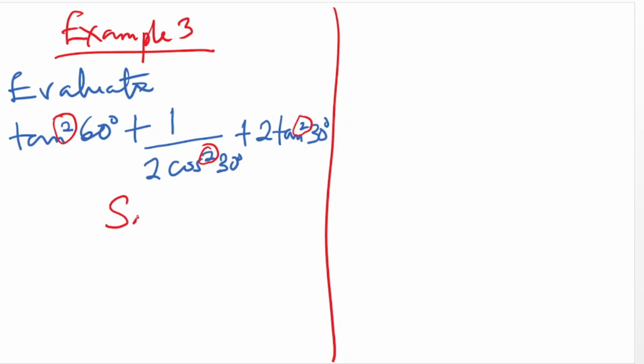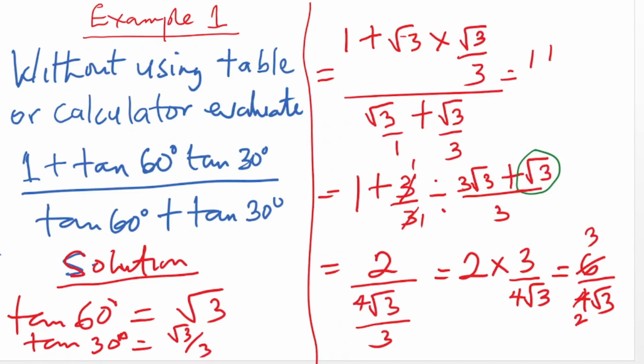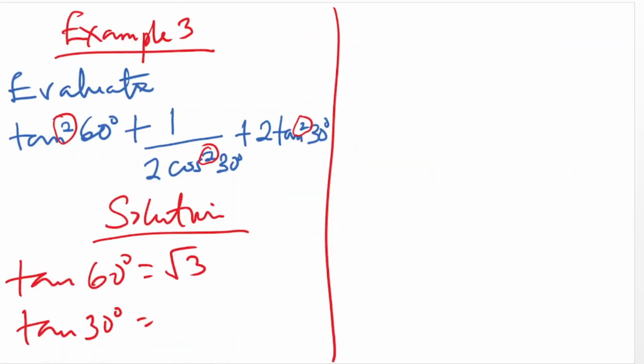Solution. Tan 60 degrees is root 3. Then tan 30 degrees is root 3 over 3.